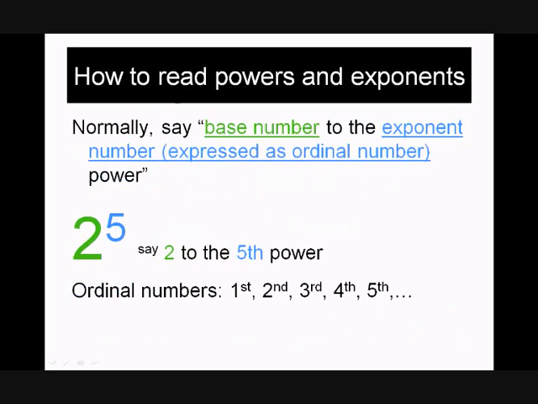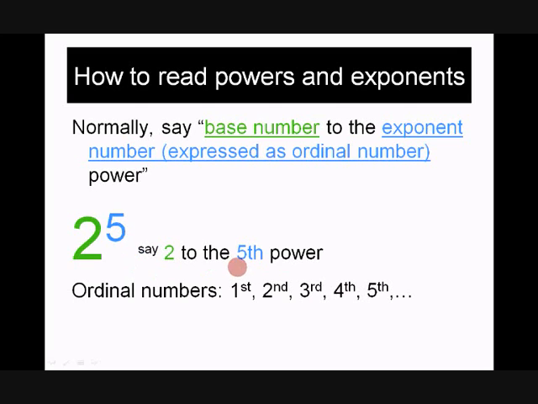So, how do we read powers and exponents? Normally, we say the base number to the exponent number, expressed as an ordinal number, power. We say the base number to the power. Say 2 to the 5th power. Ordinal numbers are first, second, third, fourth, or 5th.